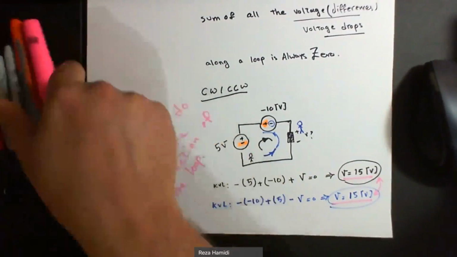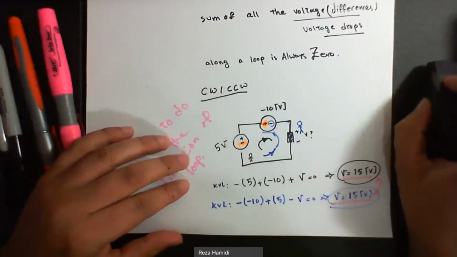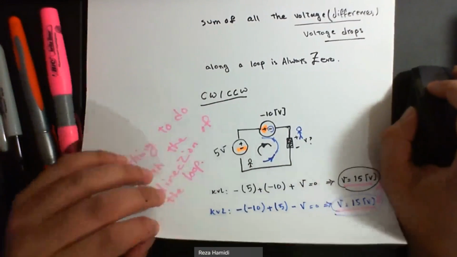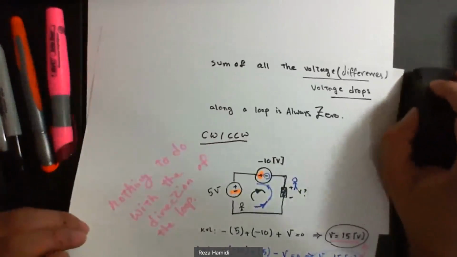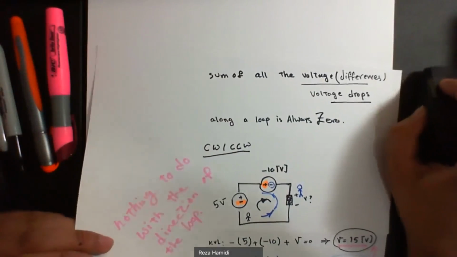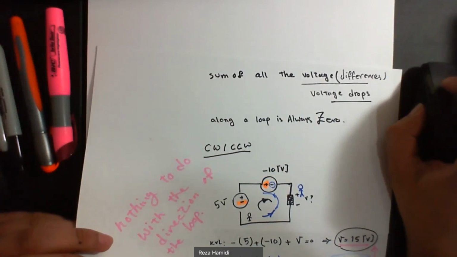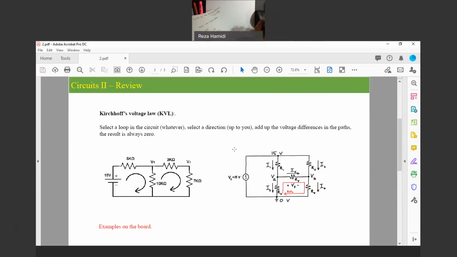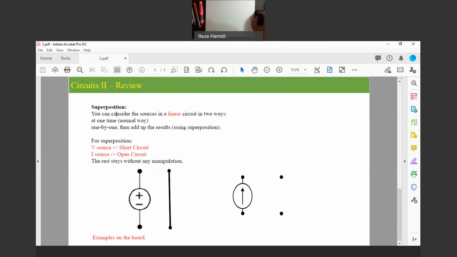Okay, so let me go over the slides again. Share content, share. Oh, superposition. What superposition means? It means first of all the circuit must be linear.